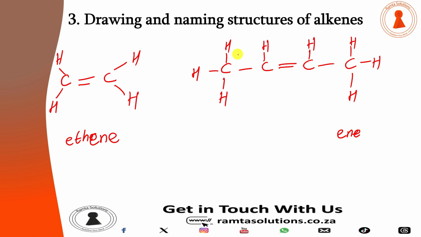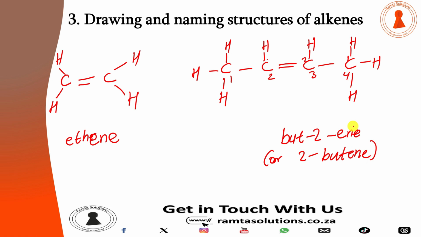We need to start numbering the carbons, beginning with the end nearest the double bond. Let me start from the left: 1, 2, 3, 4. Even if I had started from the right, it was still going to be the same. So the double bond is in position 2. How many carbons is our longest chain? 4. So it's butene, or you can say it's 2-butene. And these are your alkenes.